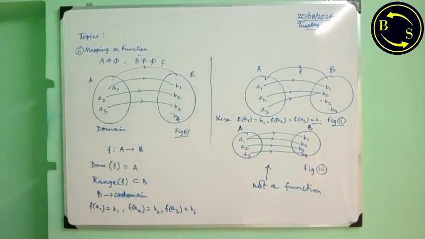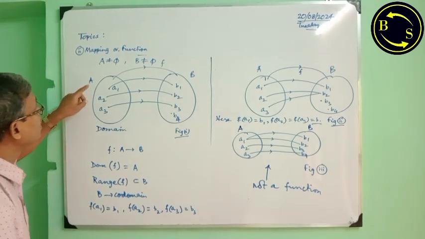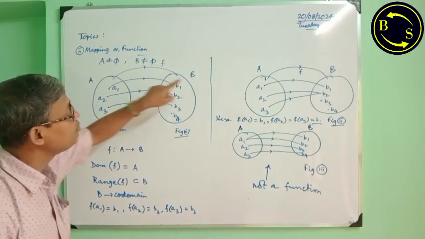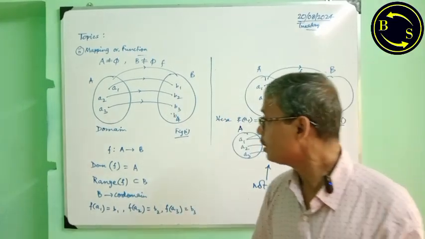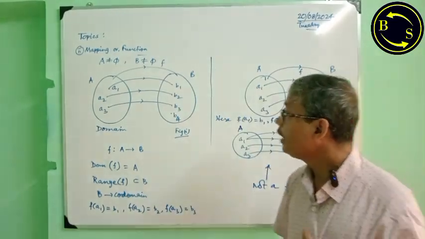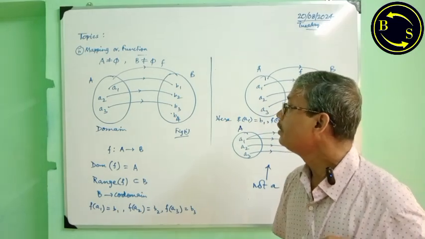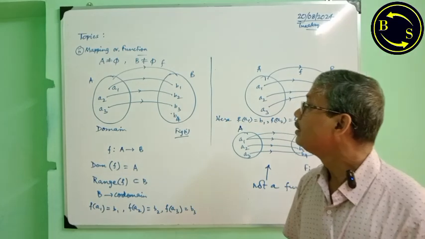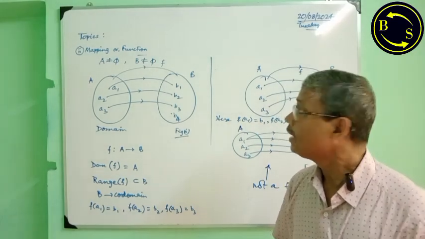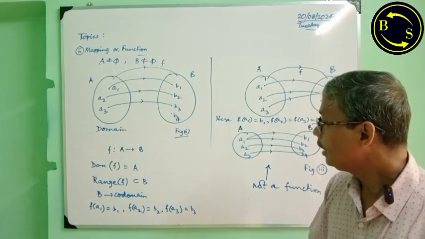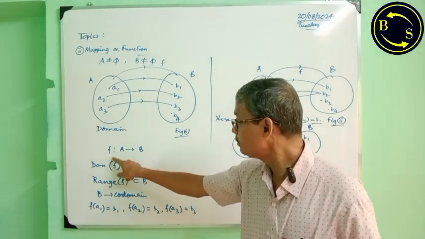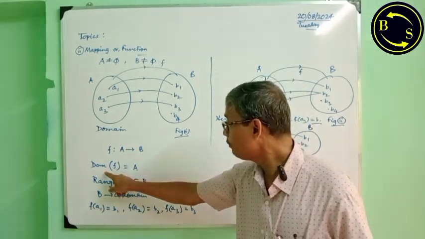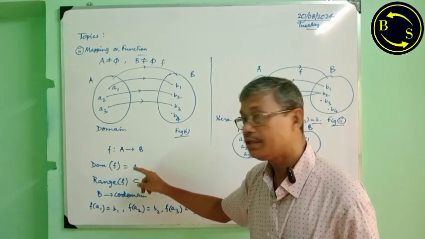Therefore, finally, the function is defined from a non-empty set A to non-empty set B as a rule or condition or a property or a correspondence such that every member of set A will be associated to or with a unique member of set B, and that is expressed by f, special type of relation from set A to set B. Domain of f will be A. This is very important in case of function.